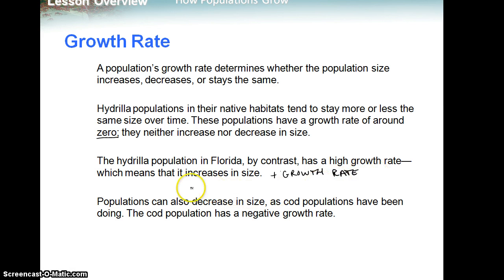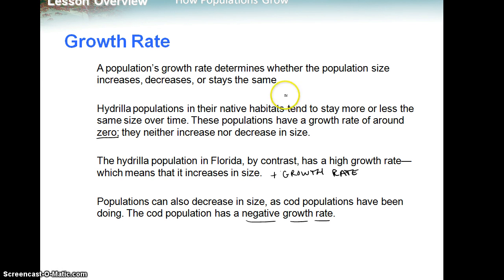Since there's nothing eating the hydrilla, it can continue to increase in size more and more and more until it takes over an entire area. Populations can also decrease in size. We have decreased the Atlantic cod population, and so because we've taken over part of its habitat and we'd like to eat cod and fish for cod, the cod population has a negative growth rate.